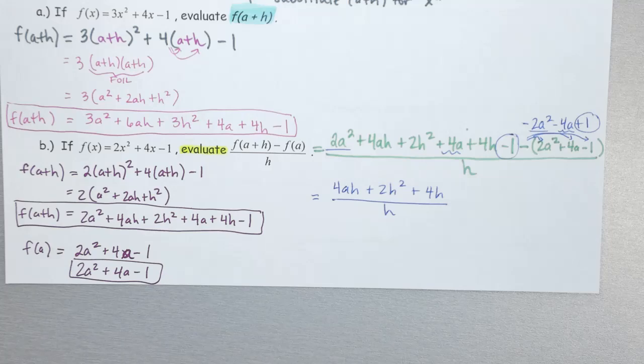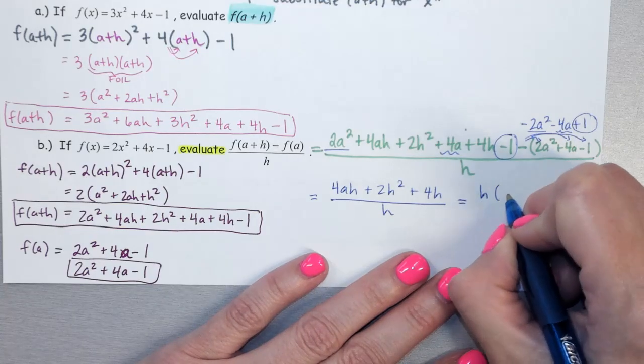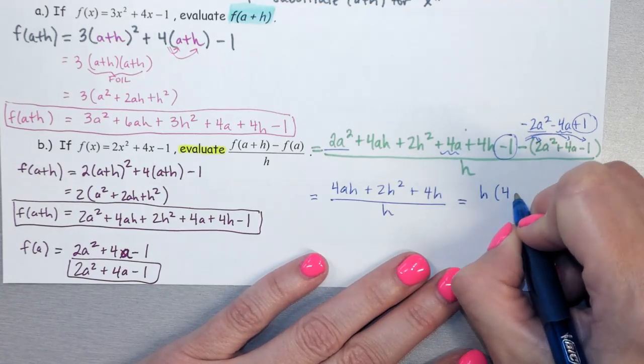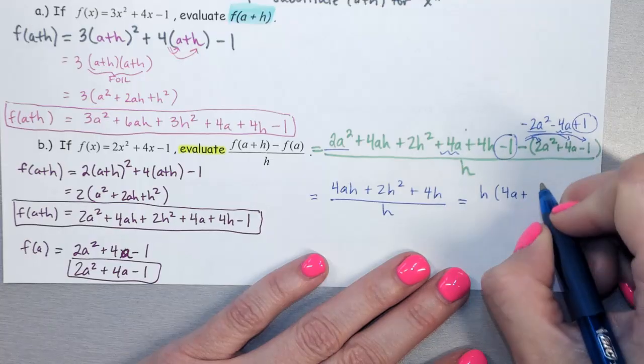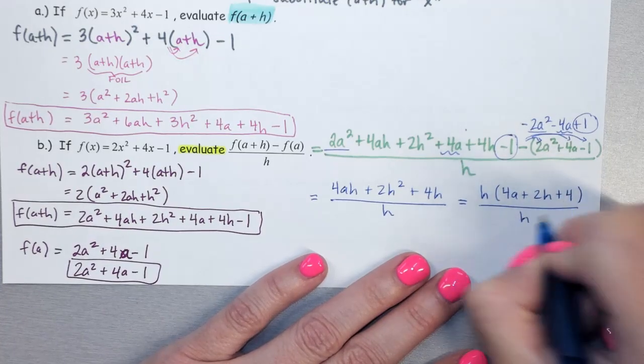What you'll see the textbook do is they factor out an h, and then they'll do division. You could do division in this step, just make sure you divide everything by h. Okay, so the only reason why I'm factoring out the h only is because that is going to cancel out with the denominator.